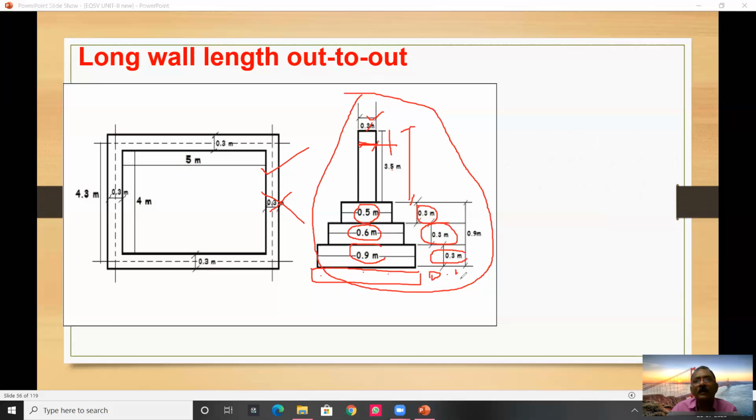The first footing width is 0.3 meters, depth is 0.3 meters; the second footing width is 0.6 meters, depth 0.3 meters; the third footing width is 0.5 meters, depth 0.3 meters. The height of the wall is 3.5 meters and the width of our wall is 0.3 meters.